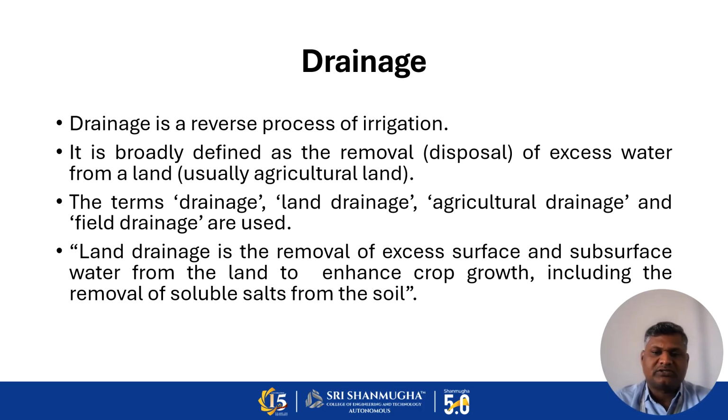Salt reclamation is also one of the major problems in agriculture. When we do the drainage process, this also helps to enhance the soil nutrient levels, and the root density will grow much more for the betterment of crop growth.